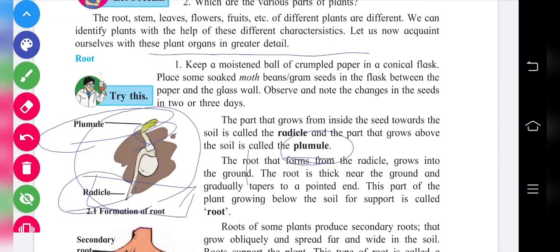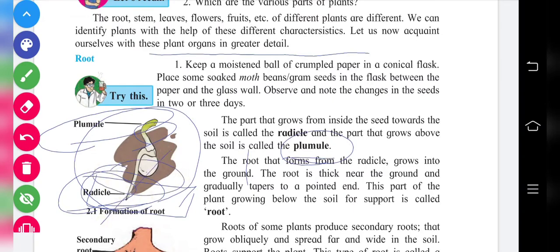The roots are formed from the radicle and grow in the ground. The root is thick near the ground and gradually tapers to a pointed end, going deeper into the ground.